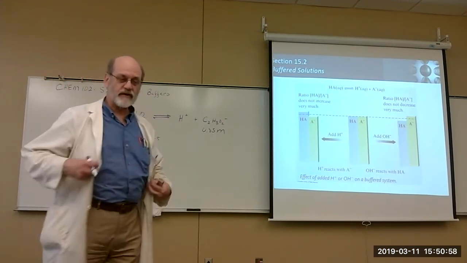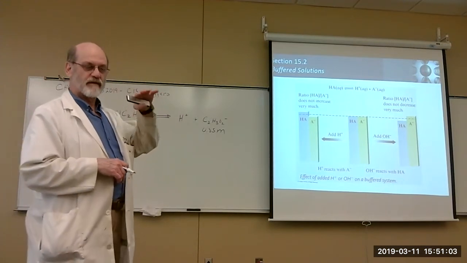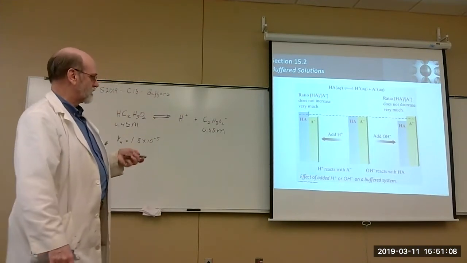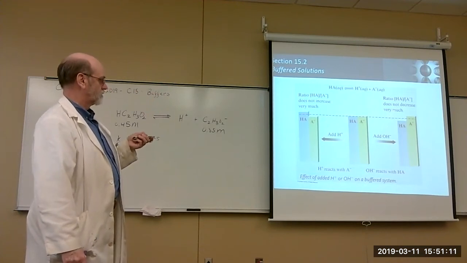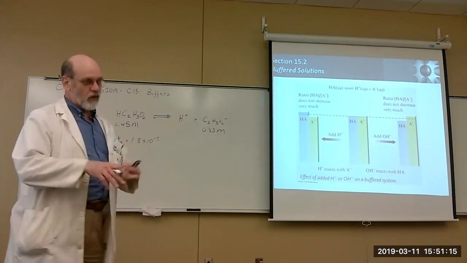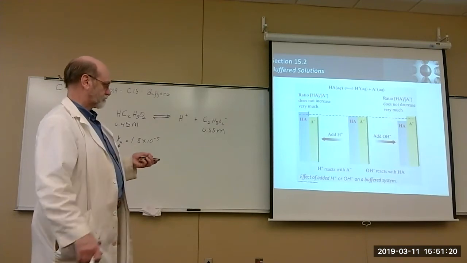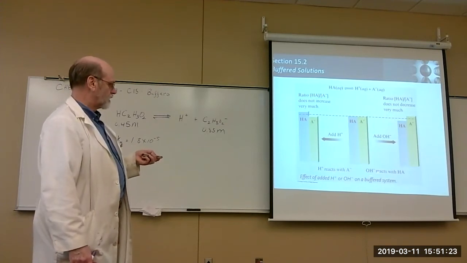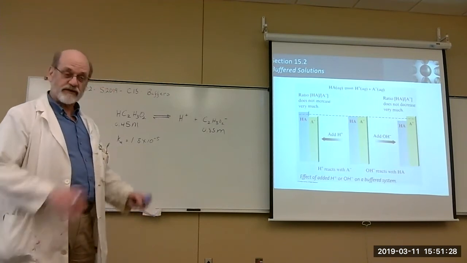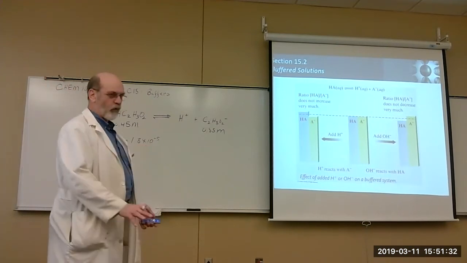Absorbing the hydrogen ions nearly maintains the pH of the solution. What happens when you add hydroxyl ions? Right. Well, we know from practical experience that when you add a base to this solution, then the pH doesn't change much either. Changes a little bit toward the basic, but not much. That's the whole point of a buffer.